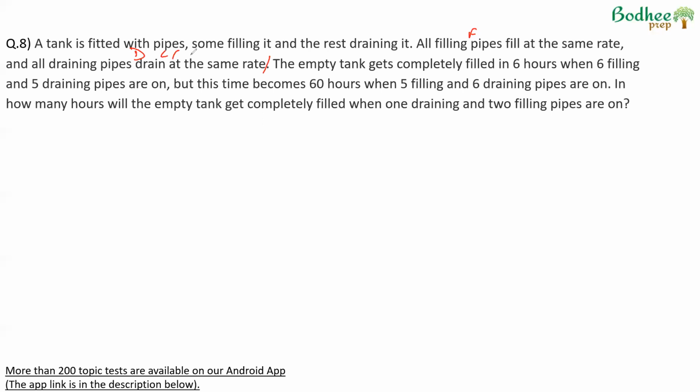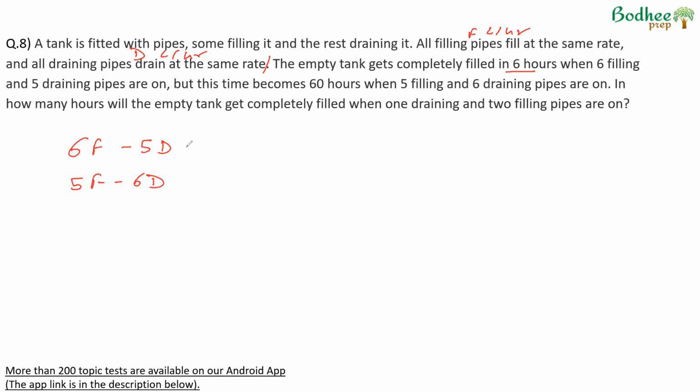D liters per hour is the draining rate, F liters per hour is the filling rate. The empty tank gets completely filled in 6 hours when 6 filling pipes, 6F, and 5 draining pipes, minus 5D, are on. But this time becomes 60 hours when 5 filling and 6 draining pipes are on. In how many hours will the tank get completely filled?